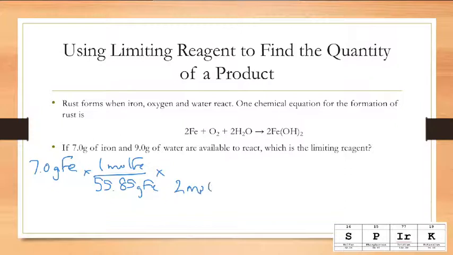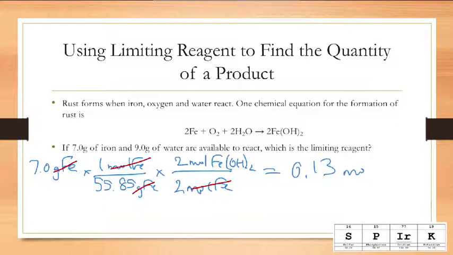So 2 moles of iron for every 2 moles of Fe(OH)2. Take a look back at our units. Grams of Fe, grams of Fe. Everything's canceling out, and we're left with moles of iron 2 hydroxide. And so that produces 0.13 moles of Fe(OH)2.